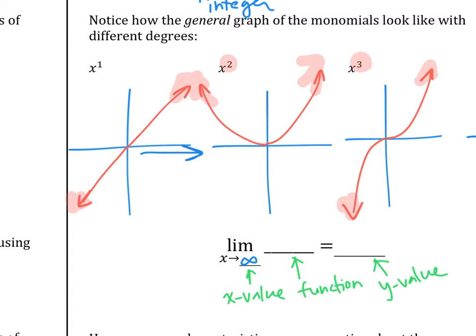When x is going to infinity, you see how my arrow is pointing this way, the question is where the function, or we can say y, is going. That is the red line. The red line is going to which direction in the y direction? Well, the graph is going to go up. Up means very large positive number. So we would say y is going to infinity as well.